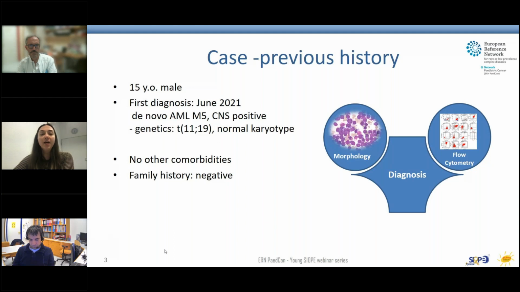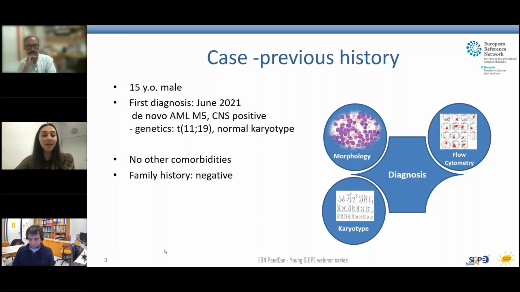And then we can have a secure diagnosis of AML. That's for the first line diagnosis. And then in order to be able to classify further the myeloid leukemia, we need the karyotype. In our case, we had a normal karyotype, but it is really crucial for AML as a complex karyotype leads to a high-risk stratification.